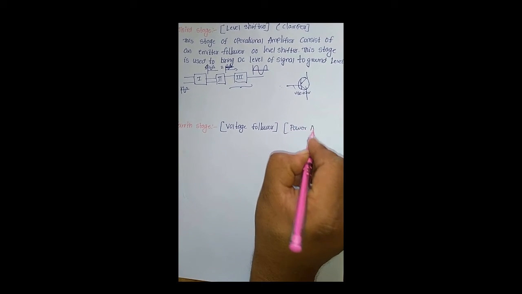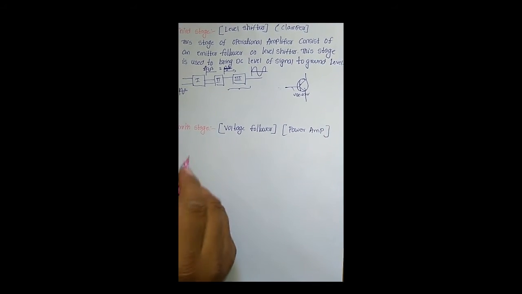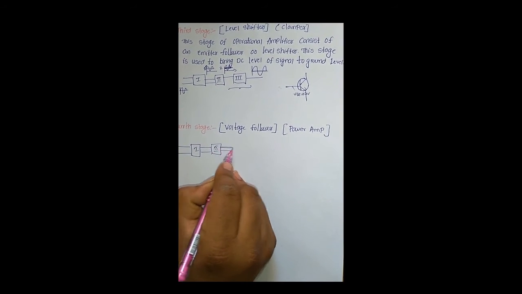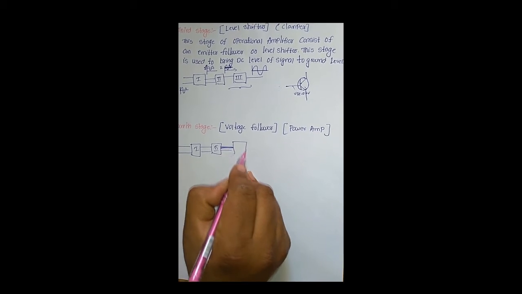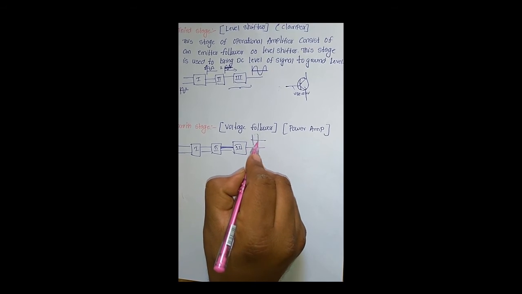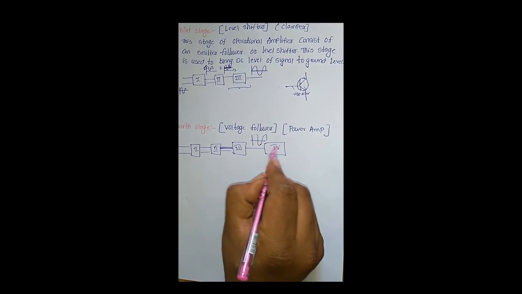So here the role of the power amplifier circuit in the fourth stage is, we know the functionalities of the first stage, second stage and third stage. Here we get only one output, from the third stage, and here we get the amplified signal, and this signal is given to the input of the fourth stage.